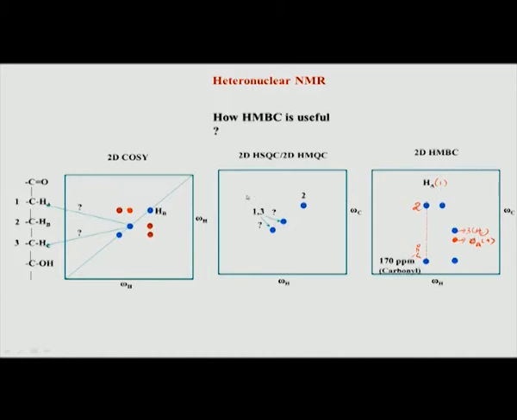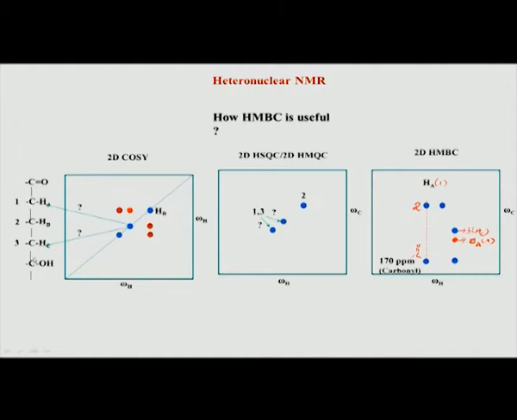The problem was 1 and 3, and that is now solved using this HMBC spectrum. So, HMBC helps a lot to unambiguously figure out which carbon is coupled to which proton, and the long range information helps us resolve any doubts, like we saw in this example.